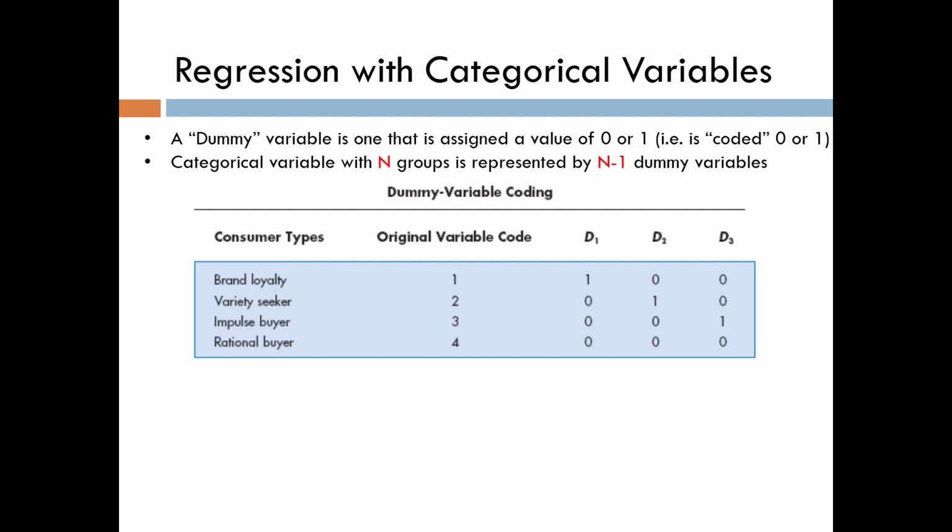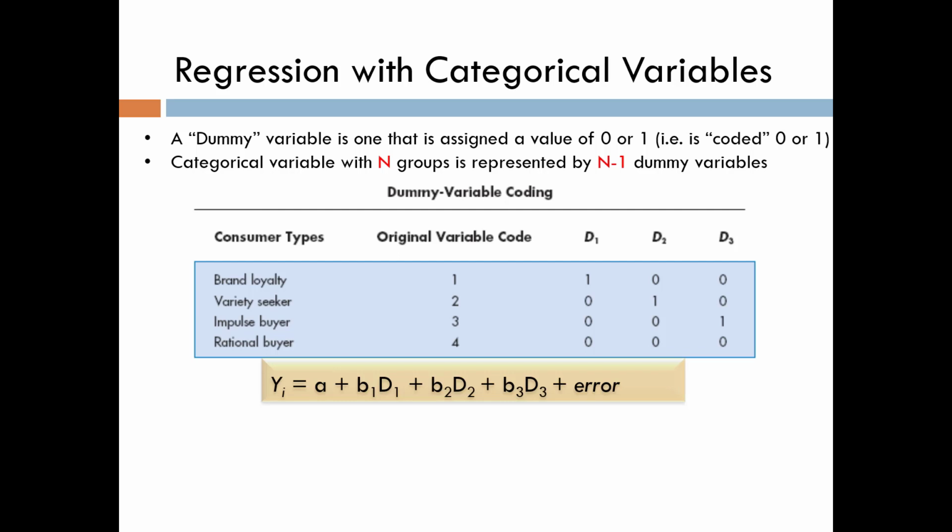To include this variable, you would have to create 3 dummy variables, D1, D2, and D3, to represent the 4 types. As you can see in the table, when the consumer is brand loyal, D1 is coded as 1 and everything else is coded as 0. For variety seekers, D2 is coded as 1 and everything else is coded 0, and so on.